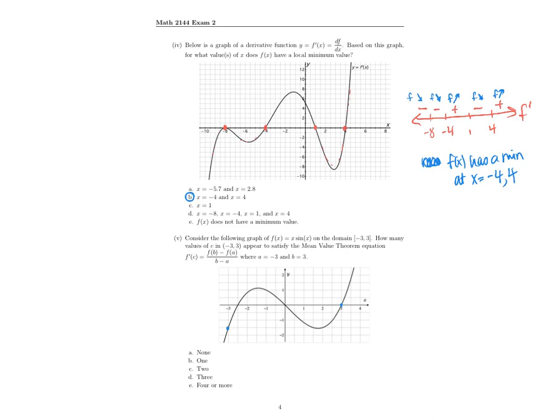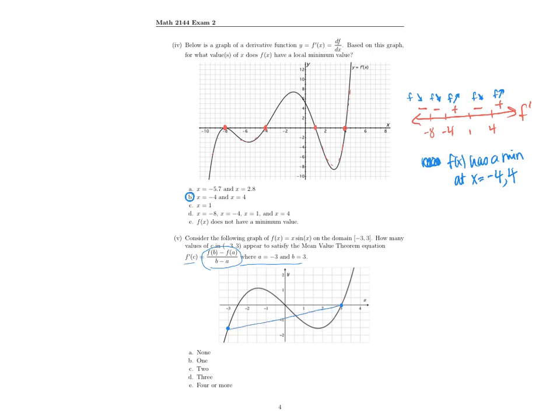For the mean value theorem equation, this is telling me my slope of the line that connects -3, f of -3, which is here, and 3, f of 3, which is there. So I'm going to see if I can draw a line there.